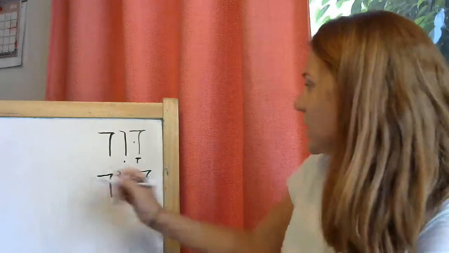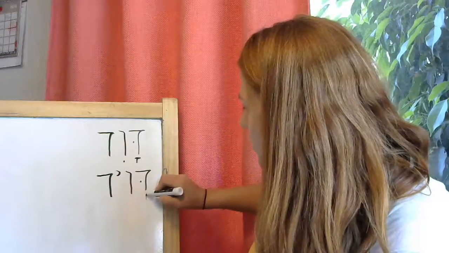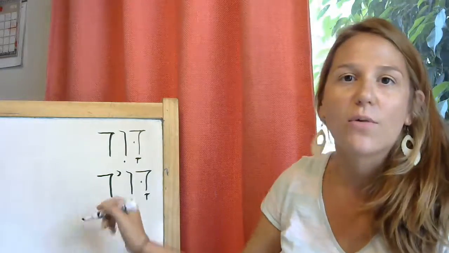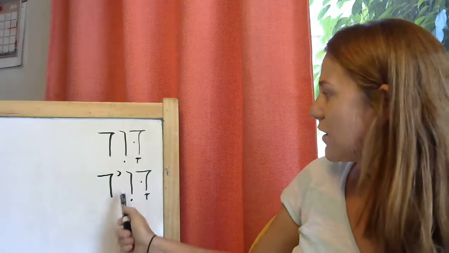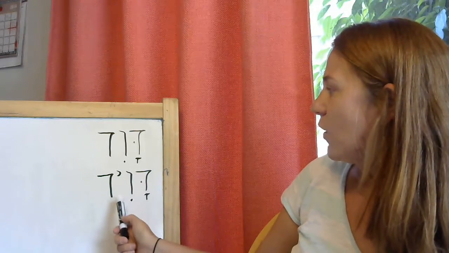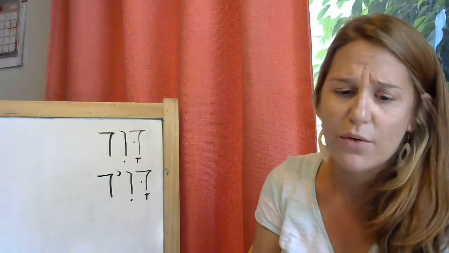And in fact it is, as we just learned. So it's kind of a cheating way of including vowels in that original consonantal text. And it's marking that this is an I vowel.